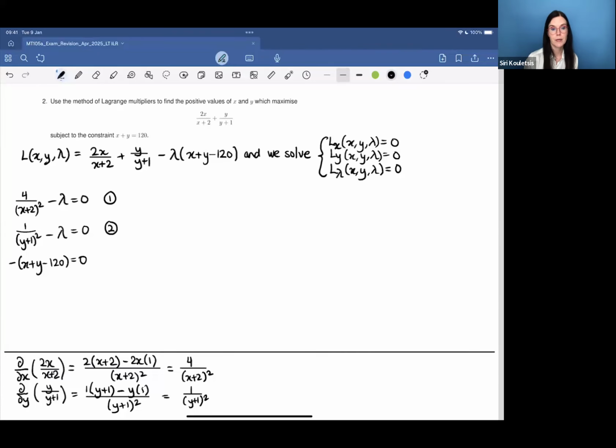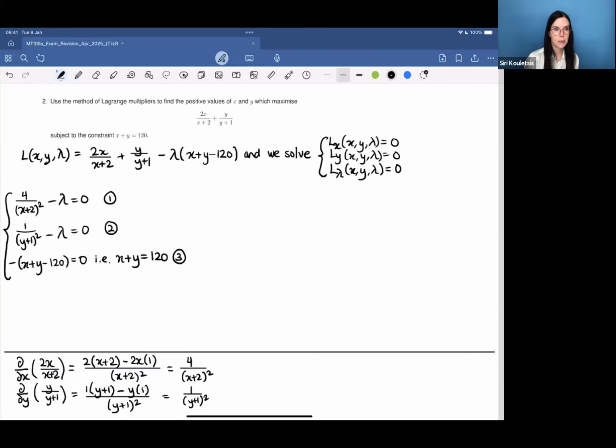And now, of course, this can be simplified. You can multiply both sides of this equation by -1 and rearrange to simply recover the constraint equation that we started with.